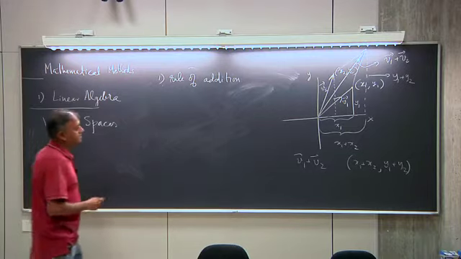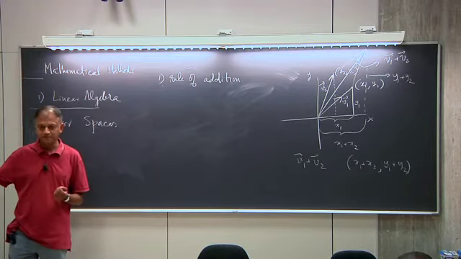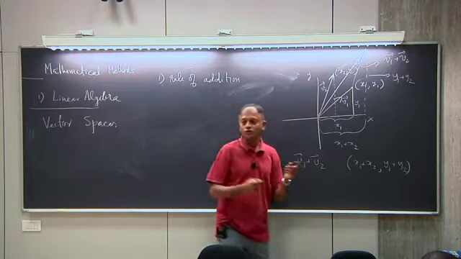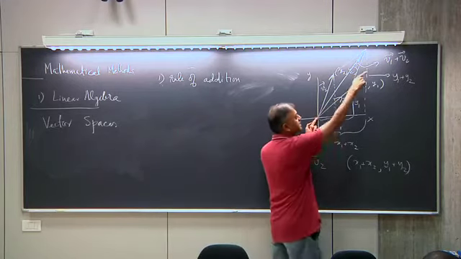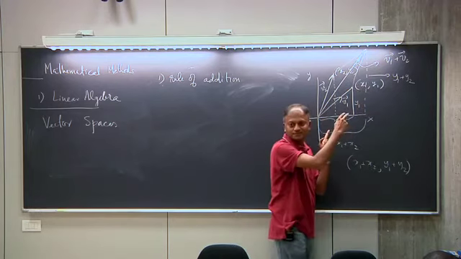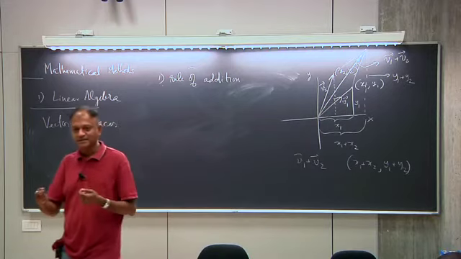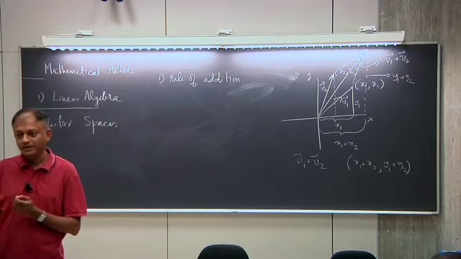That's one thing. Second point is that there is also a notion of multiplying by a number, right? So if I take a vector here, and if I ask you what is 2 times that vector, well, it's nothing. This direction is the same, but just the length becomes twice, right? So you know also another notion, and that is multiplication by a number.